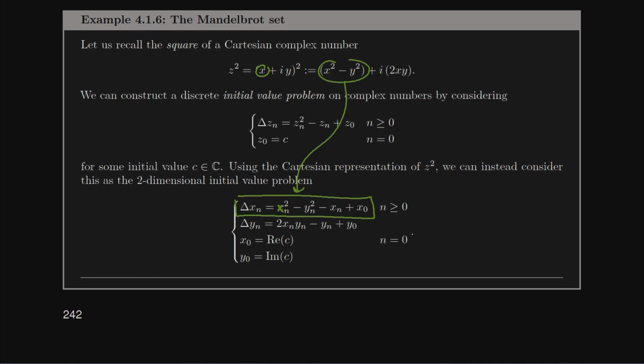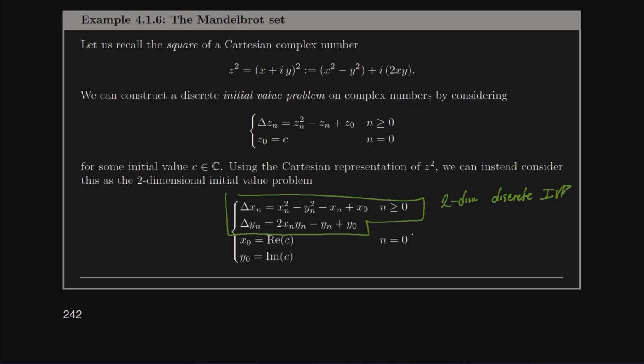So it'll be the current value of x squared minus the current value of y squared minus the current value of x, because we had the minus. I'm going to add the initial value of x back in. My change in y, because of this 2xy, will be twice the current value of x times the current value of y. And of course, because of this minus, I'll subtract y and add the initial condition on y. So this is truly a two-dimensional discrete initial value problem.